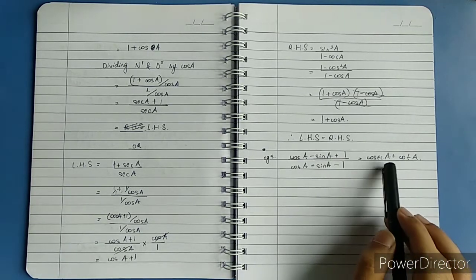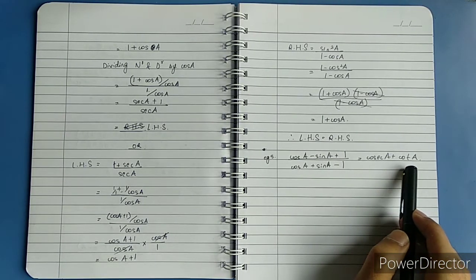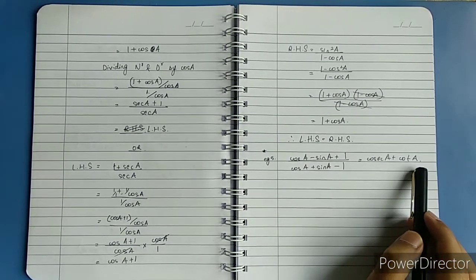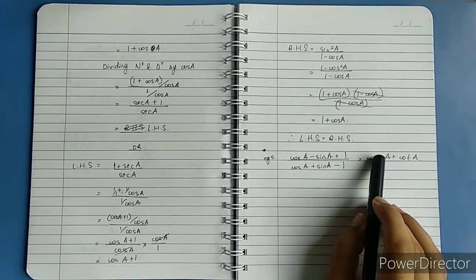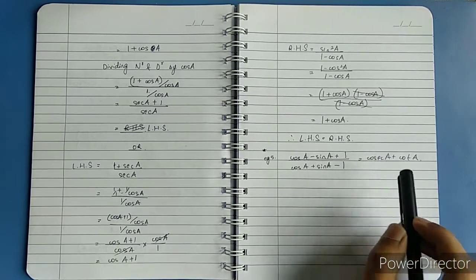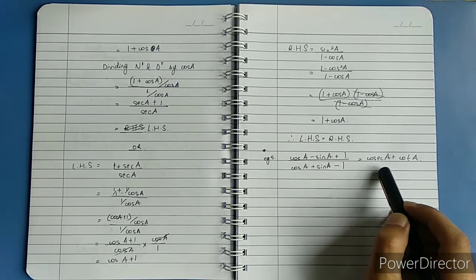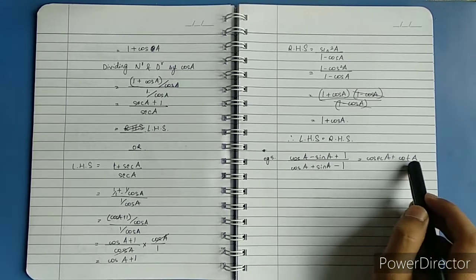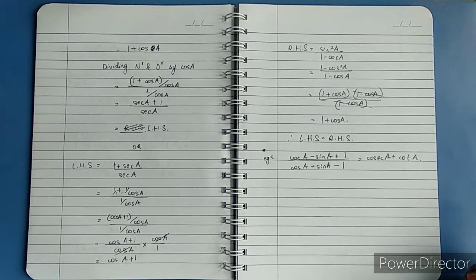First of all, we'll note the right hand side. So the right hand side is cosec A plus cot A. If you convert according to the reciprocal formula, we'll get 1 by sin A, and cot, cos A by sin A. In both of these, the denominator is sin A.